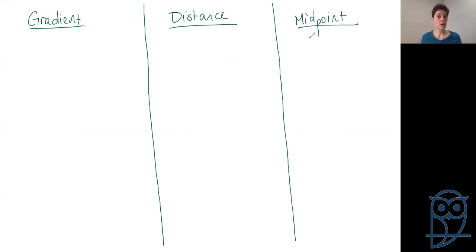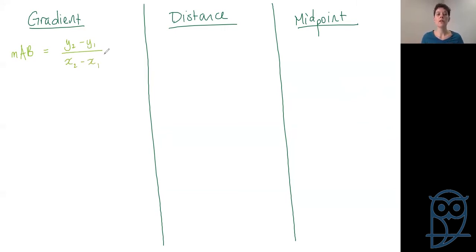So gradient of a line is our change in y over change in x. And it's important that you have them that way around, okay? Notation, little m for gradient, big AB. So we would have change in y, y2 minus y1 over change in x, x2 minus x1. So that's your rise over run.